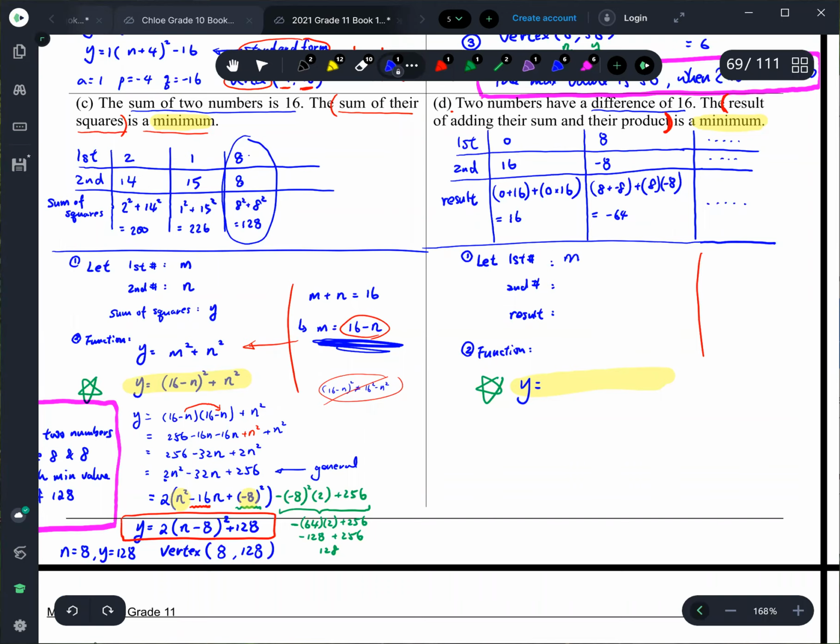First number m, second number n, result is y. Just like before. Okay, let's check the function. We have 10 of you already got the function. Okay, Anya, what's your function?